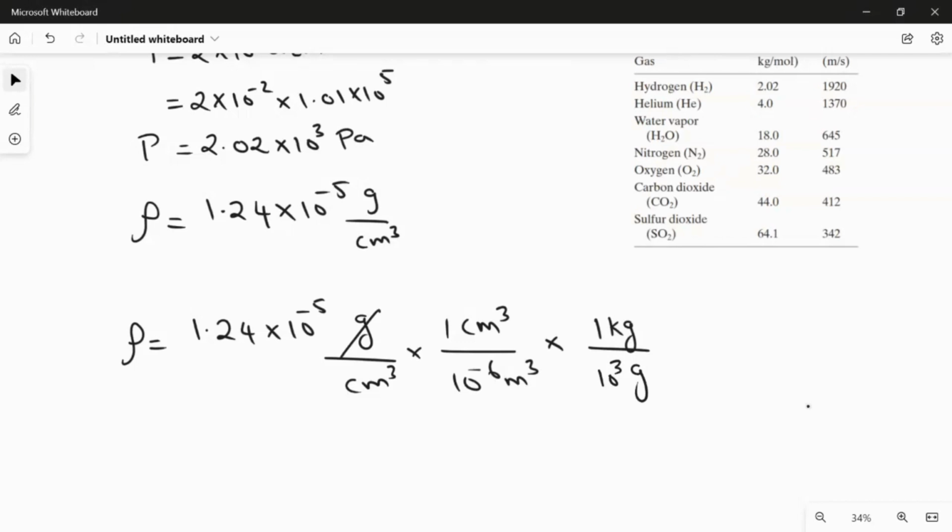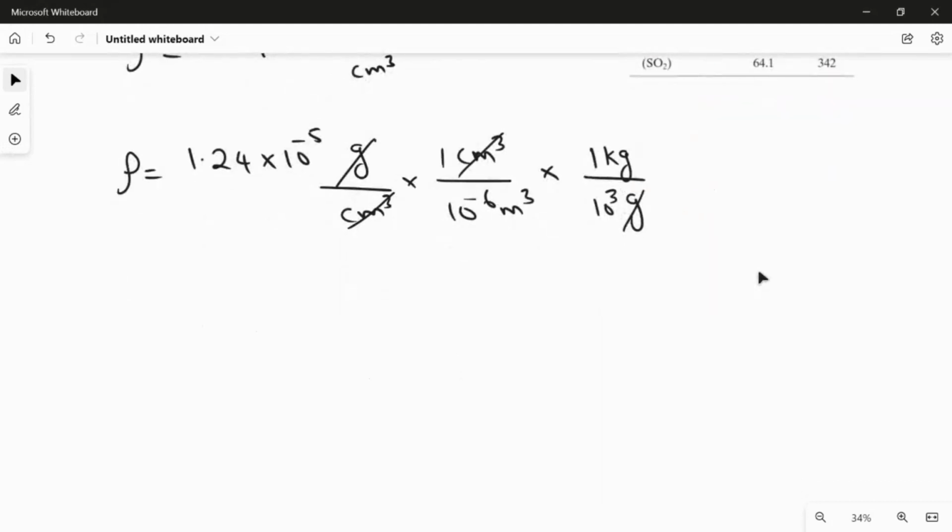So we can easily cancel gram with gram and centimeter cube with centimeter cube. Therefore the rho we got here is 0.0124 kilogram over meter cube.